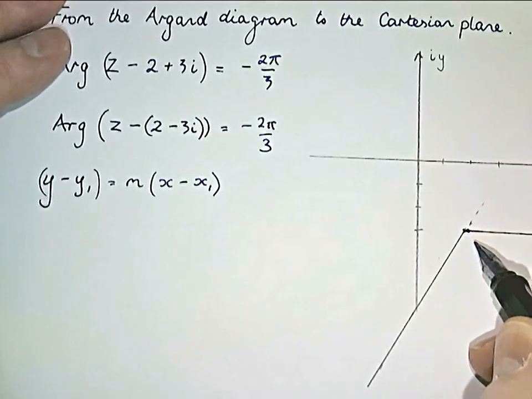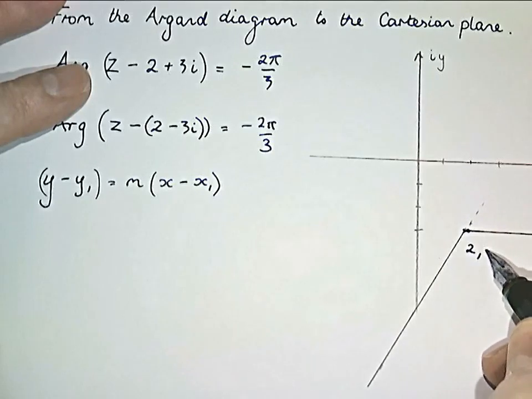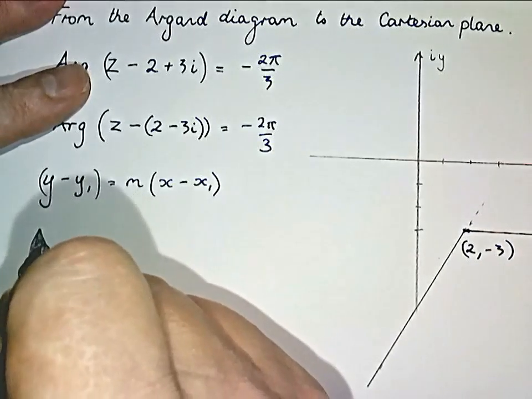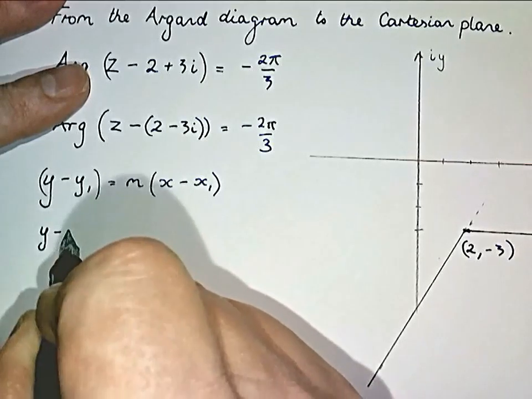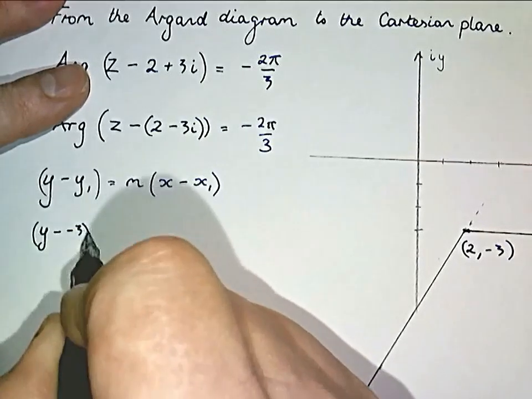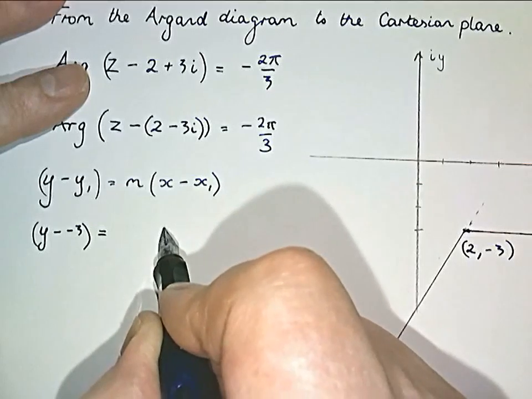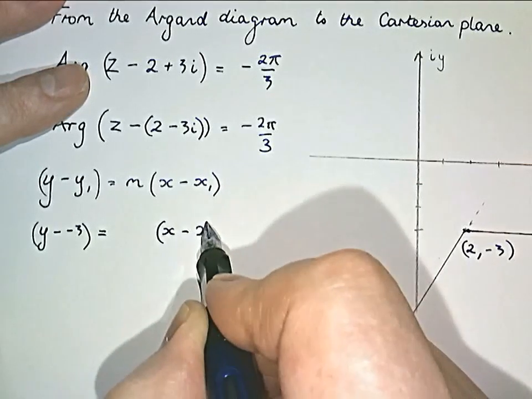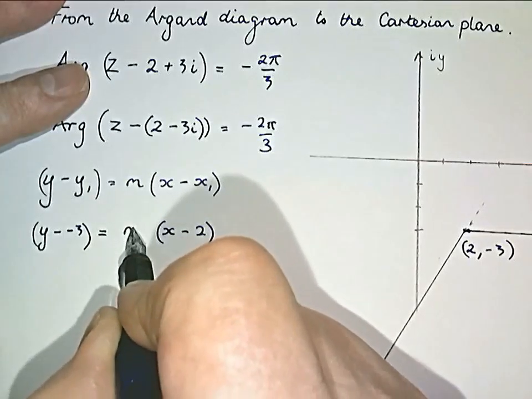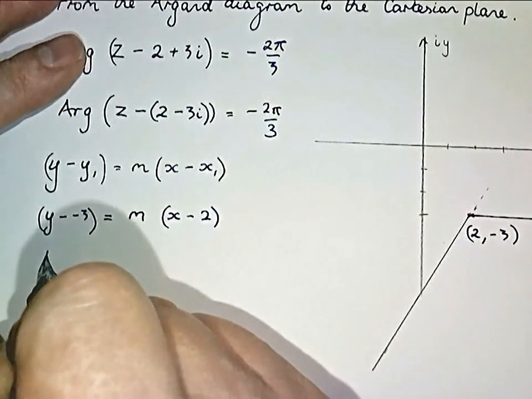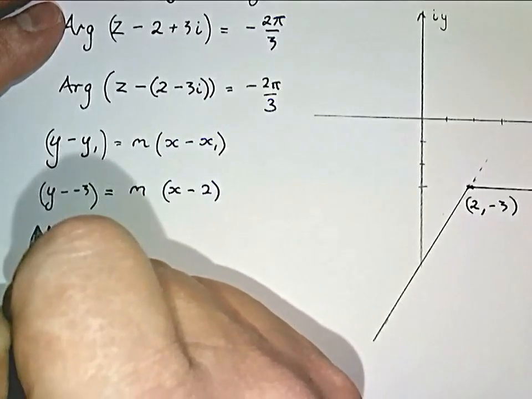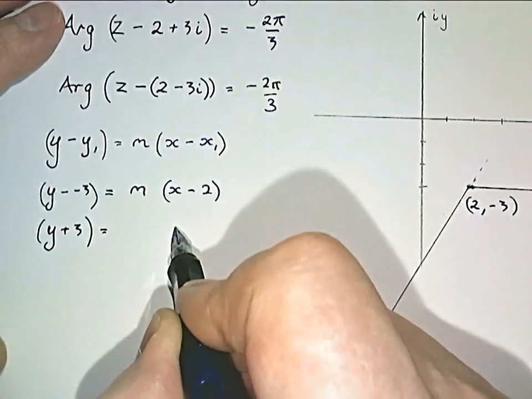Well, this is the point 2, minus 3, so we can immediately fill in y minus negative 3 equals something times x minus 2. We'll keep that as m for the moment, and that gives us y plus 3 equals something times x minus 2.